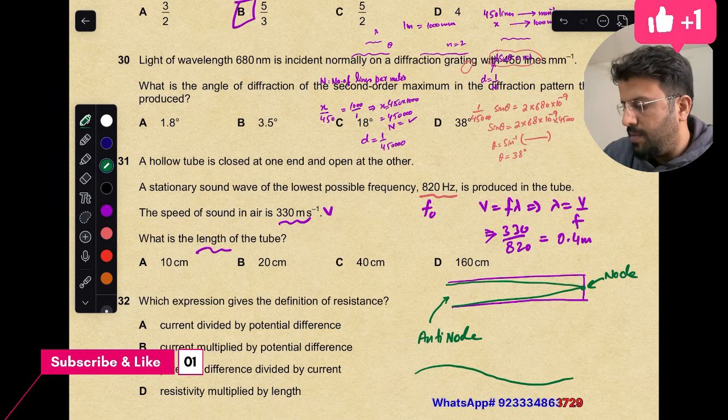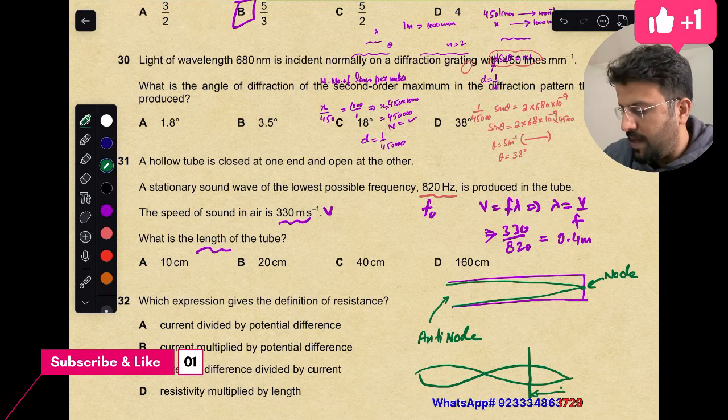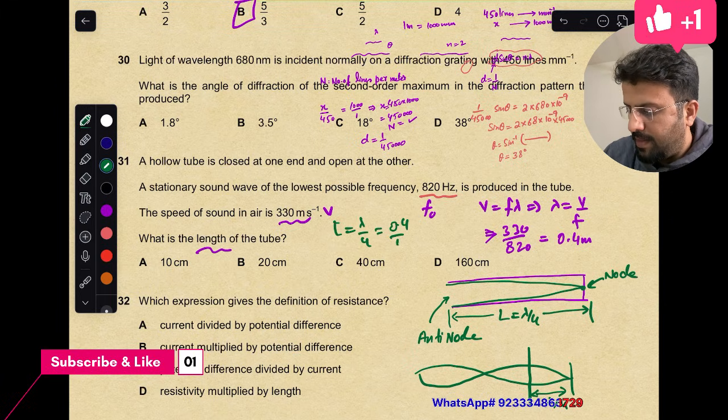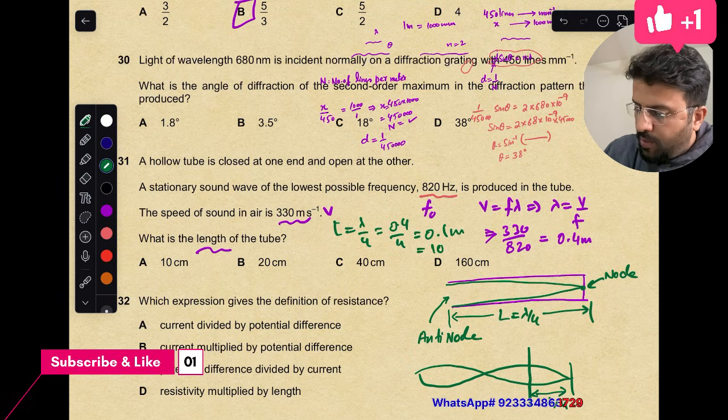And if you remember, this whole shape makes 1 lambda. So we have this much portion, that is lambda by 4. So the length of the tube is equal to lambda by 4. Okay, so L is lambda by 4, that will give you 0.1 meter.